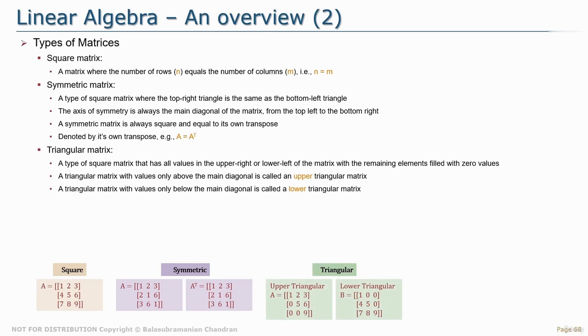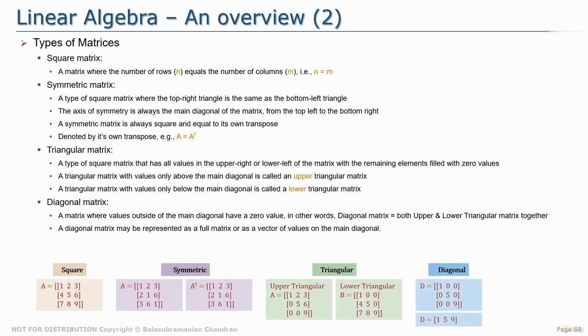Triangular matrix. A type of square matrix that has all values in the upper right or lower left of the matrix, with the remaining elements filled with 0 values. A triangular matrix with values only above the main diagonal is called an upper triangular matrix, like this. A triangular matrix with values only below the main diagonal is called a lower triangular matrix, like this. Diagonal matrix. A matrix where values outside the main diagonal have a zero value.